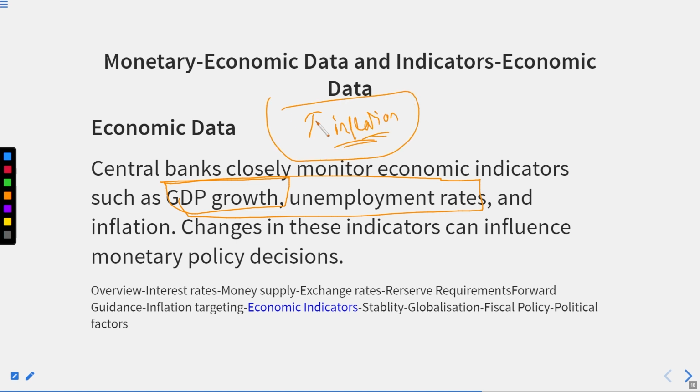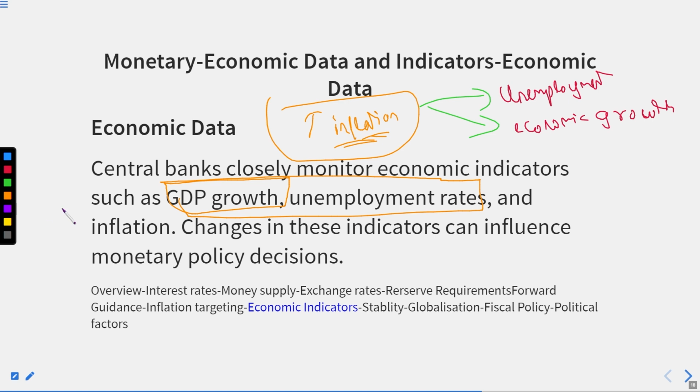Because as I have told you, inflation has a good effect on two things. The first is the unemployment rate. Second is economic growth. And how it is possible, I have told in the previous slides.